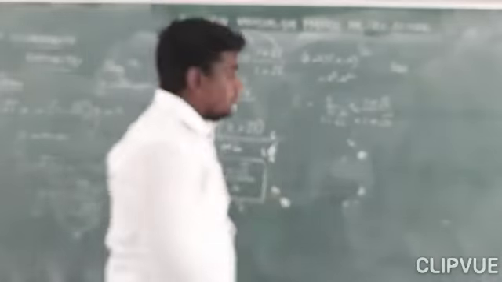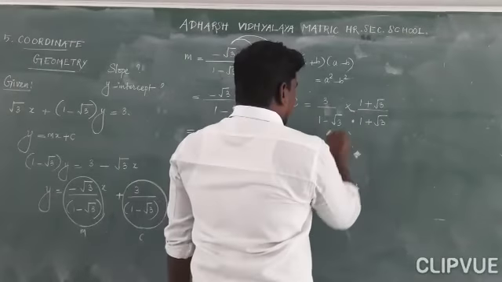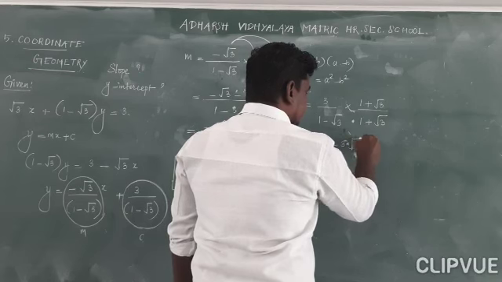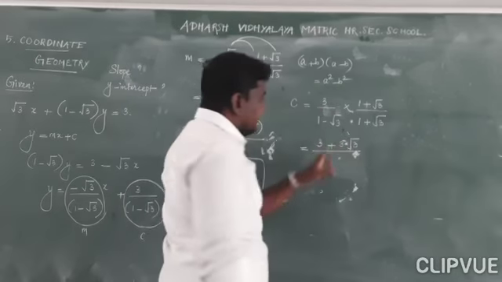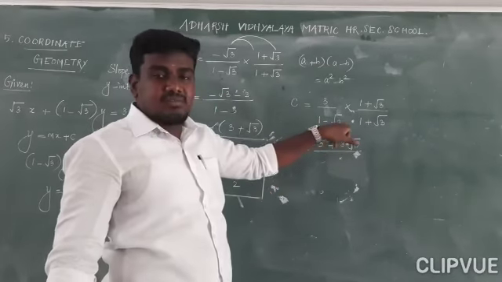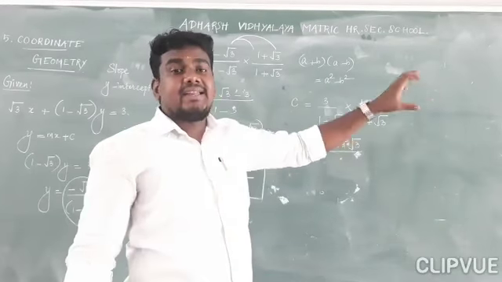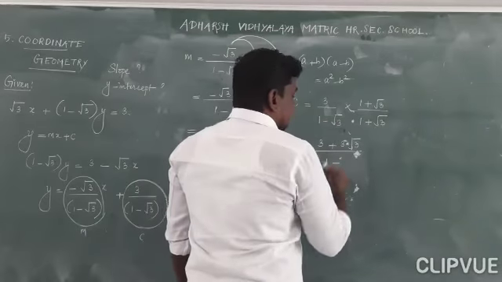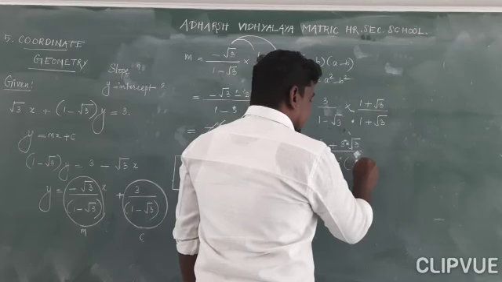Multiply and divide. Now 3 into 1 is 3, plus 3 into root 3 gives 3 root 3. Divided by this, in the form of a minus b into a plus b, it gives a square minus b square. So 1 square value is 1, minus root 3 square value is 3.